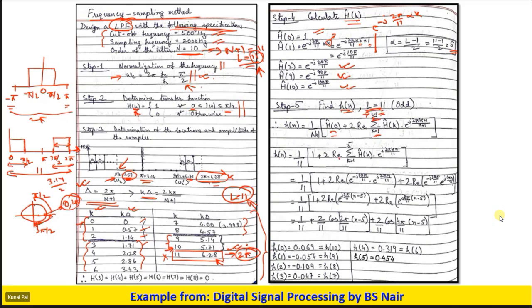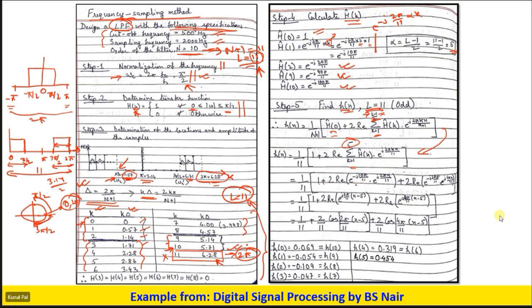So the next thing would be hn equals 1 by 11, 1 plus 2 of real of summation k equals 1 to 5, L minus 1 by 2, which is 5, H cap k e to the power j 2 pi kn by 11. Now you solve these things.